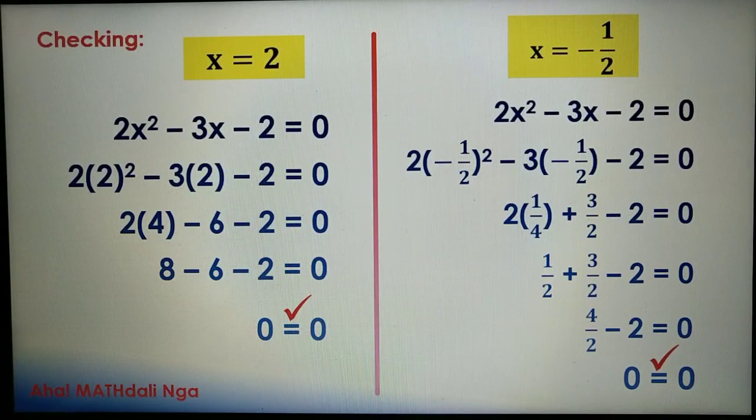So, negative 1 half is also a solution of the given quadratic equation. Therefore, positive 2 and negative 1 half are the solutions of the given quadratic equation 2x squared minus 3x minus 2 equals 0.